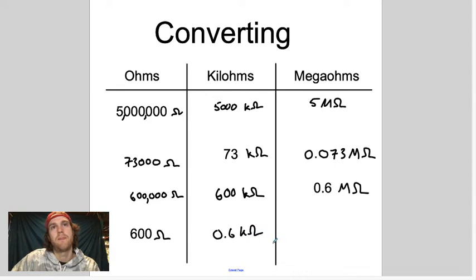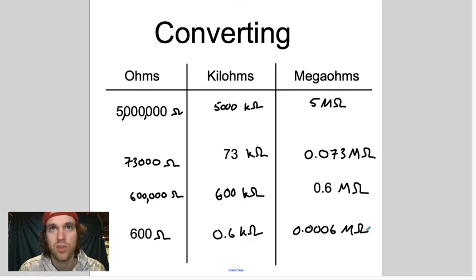Divide by 1,000 again, move it over 1, 2, 3: 0.0006 mega ohms.